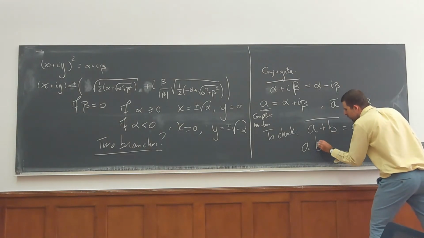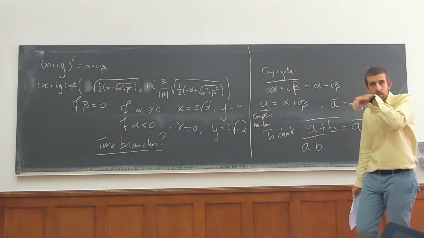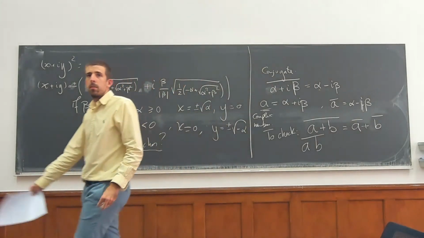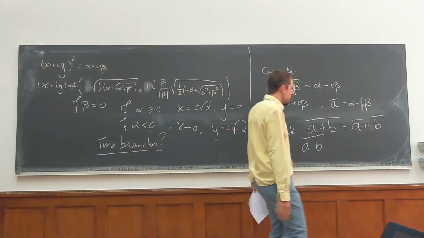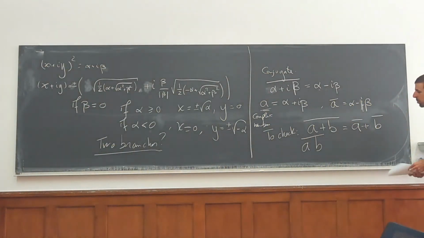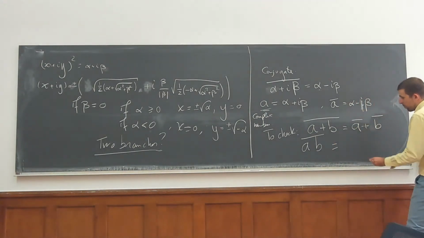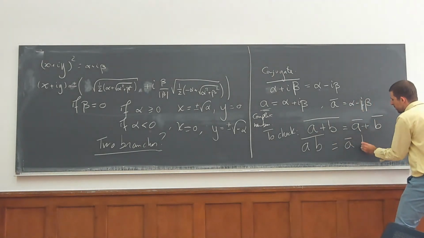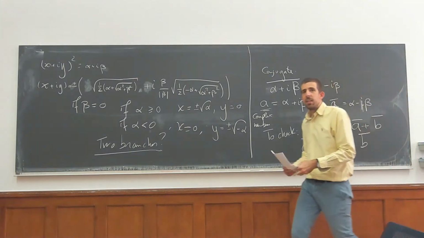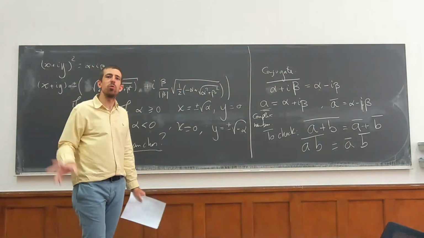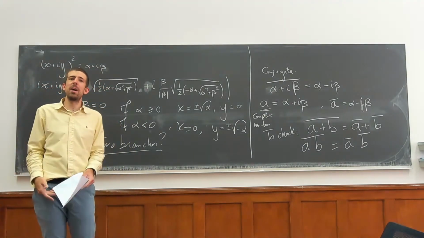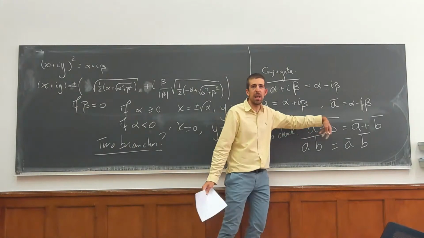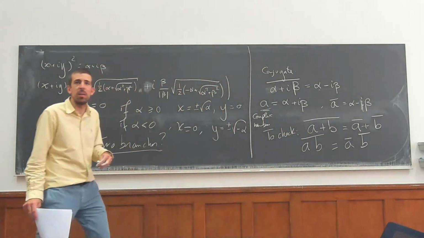Maybe a lot less obvious is what happens to the conjugate of the product. Work this out and see what happens. One way to see that it's not surprising that the conjugate of the product is the product of the conjugates is that if you replace i with minus i, everything should go through, because minus i squared is still minus 1. All i's are just replaced by minus i's. So if you think about it that way, it's clear that this should be the case.